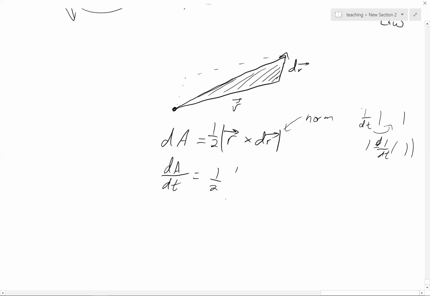So this is 1/2 the norm of r cross, and this r infinitesimal is fixed. We're just looking at the change. So this is dr dt.